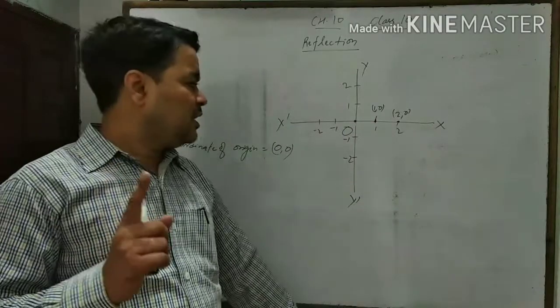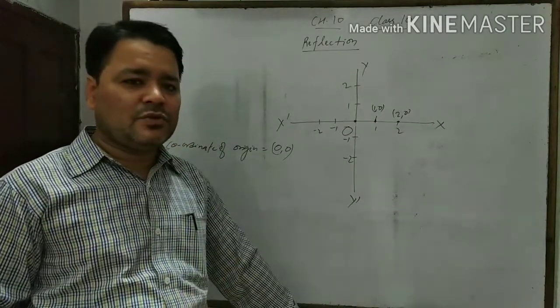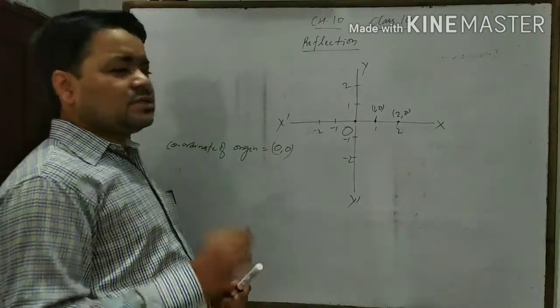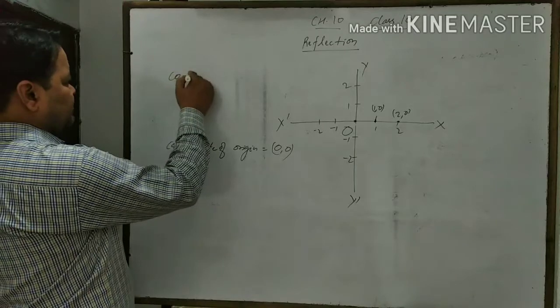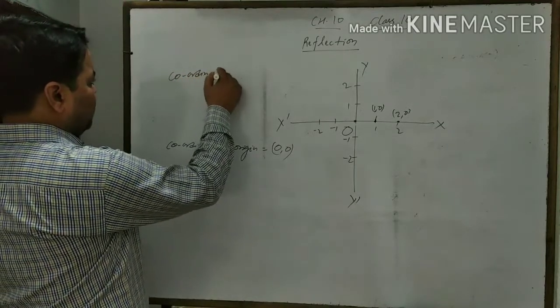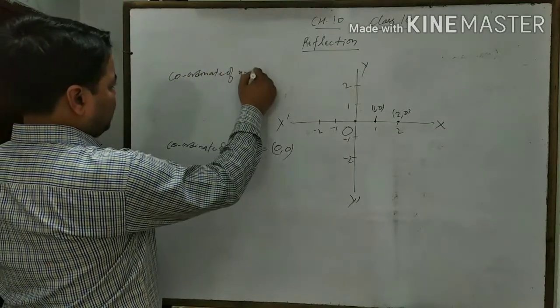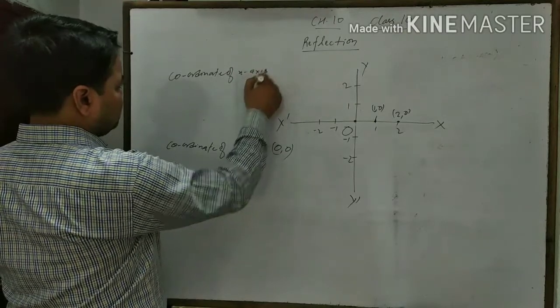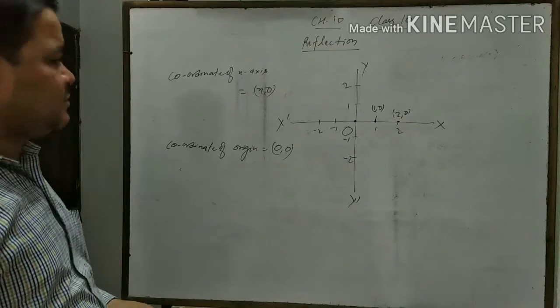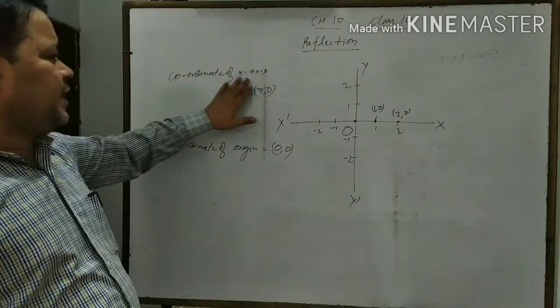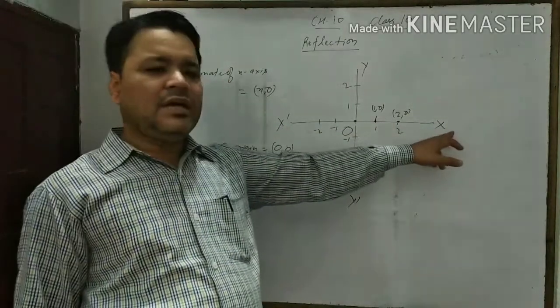Means any value and 0. Symbolically, the coordinate of a point on the x-axis we can write as x, 0. Remember it. The coordinate of the x-axis will be x, 0.